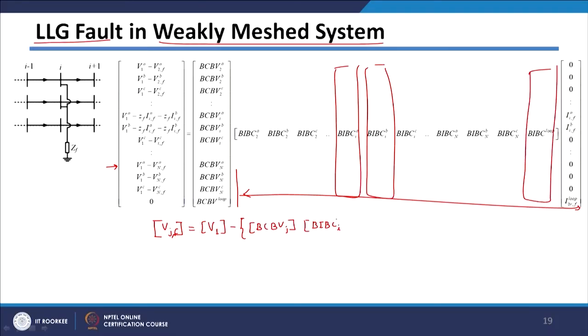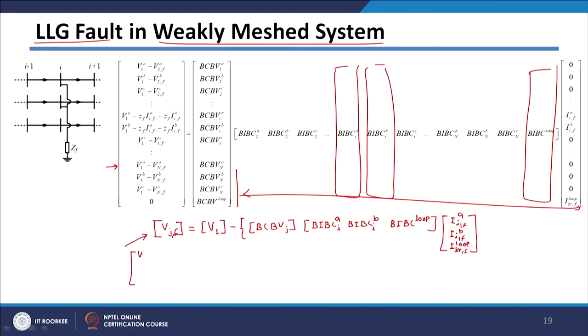So, BIBC corresponding to A phase, BIBC corresponding to B phase and BIBC corresponding to loop forming branches, and this is multiplied with fault current in A phase, fault current in B phase and fault current in loop forming branches.